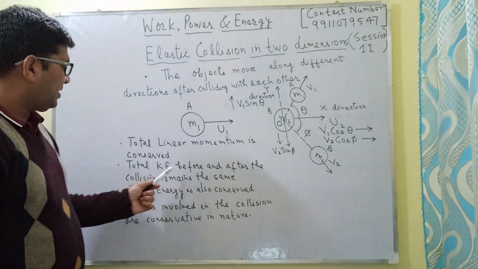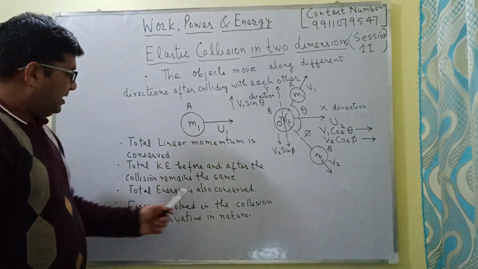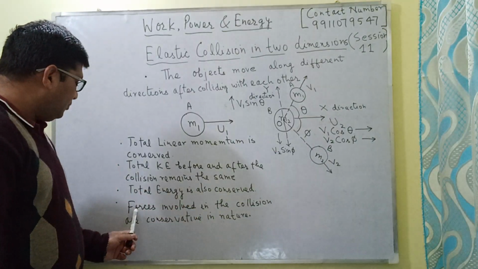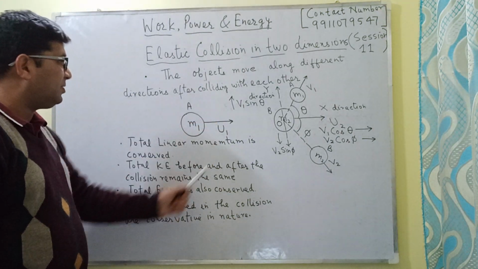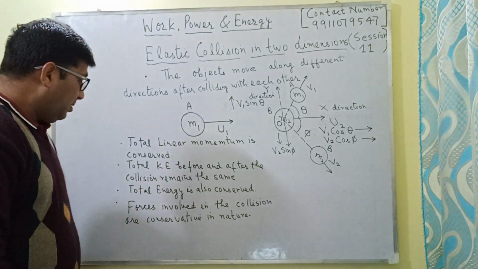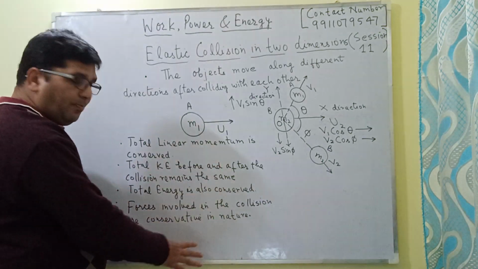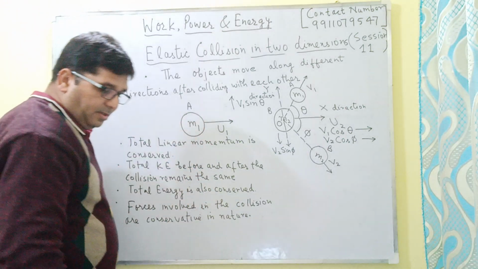Second, the total kinetic energy before and after the collision remains the same. The total energy is also conserved. And the fourth point is that the forces involved in the collision of these objects are conservative in nature. So these are the four important points which need to be remembered in this topic.